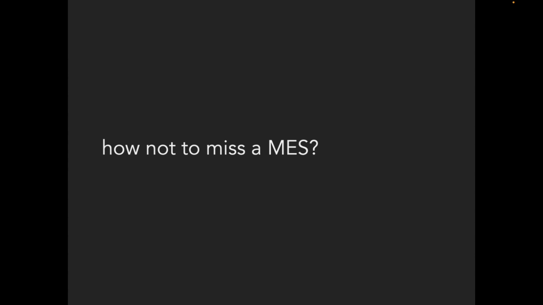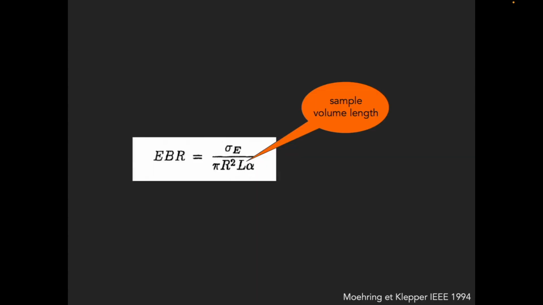Since it is very important not to miss an embolus, especially when the incidence is very low, I will shortly discuss 2 adjustments on the TCD machine. The embolus to blood ratio, or the intensity of an embolus as compared to the Doppler background, is determined by several factors, among other things the sample volume length.